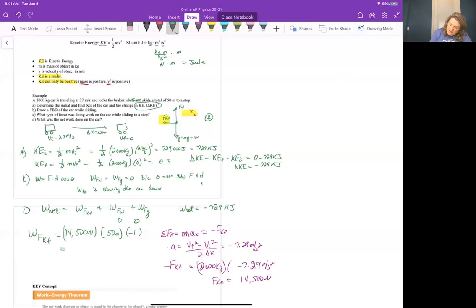So the work done by kinetic friction works out to be negative 729,000 joules, which you'll often see in kilojoules. Notice it's equal to the change in kinetic energy, which brings me to the next topic.